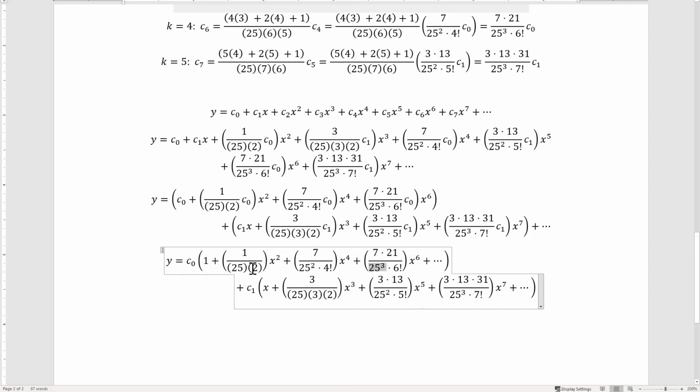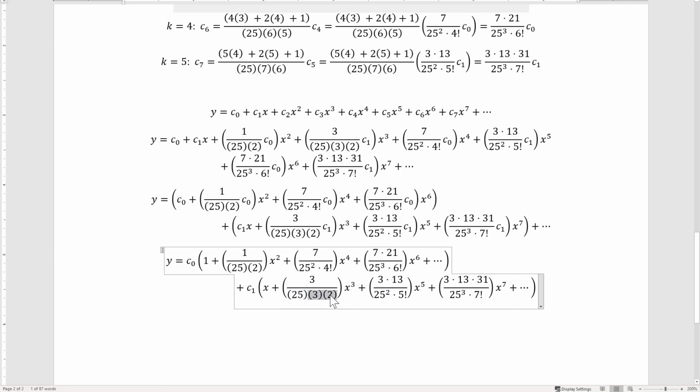And then we have 2 factorial, 4 factorial, 6 factorial. Similarly, we have odd powers. So that's like a 2n minus 1 or 2n plus 1 scenario. That matches with a 7 factorial, and then there's a power of 25.